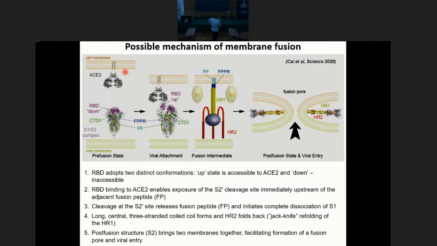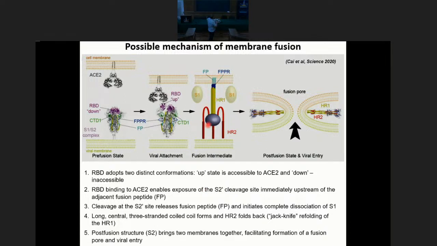as the virus approaches the target cell, the RBD is open and binds to the target receptor, and this binding starts a number of reactions. First of all, some proteins cleave the S2 subunits at an additional cleavage site, S2 prime, and after that the fusion peptide is released, and like a jackknife, it's pushed into the target cell membrane.